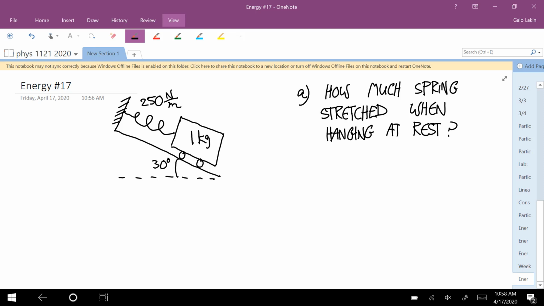And then second, come up with a function. So what's the speed of the object as a function of position?